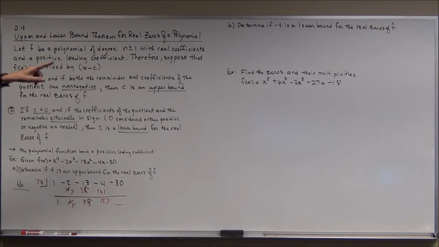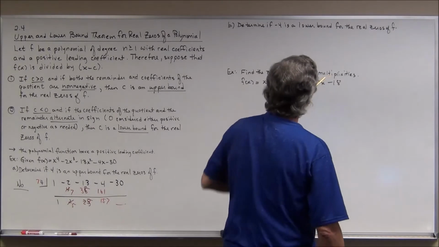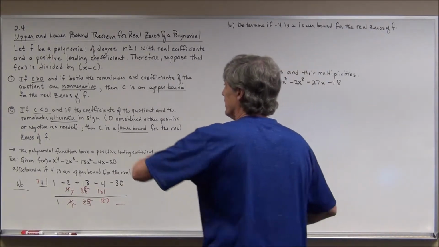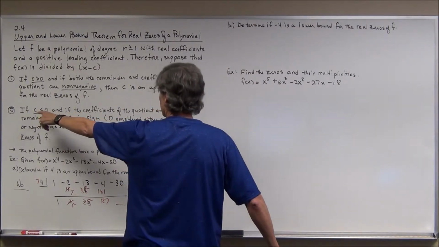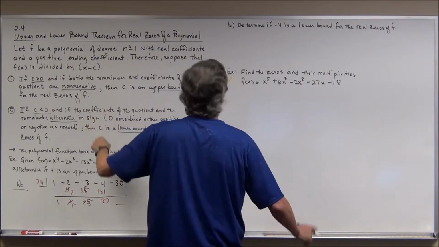Over here it says, determine if -4 is a lower bound for the real zeros of f. So what I'm going to do here, if c is less than 0, and negative 4 is less than 0, I'm going to divide to see if I get alternating signs.